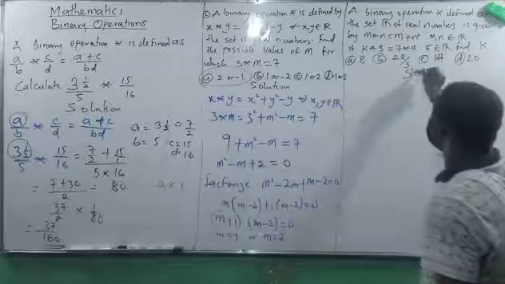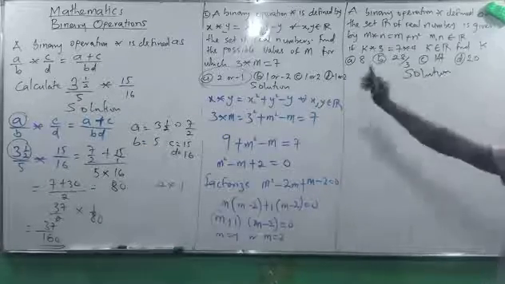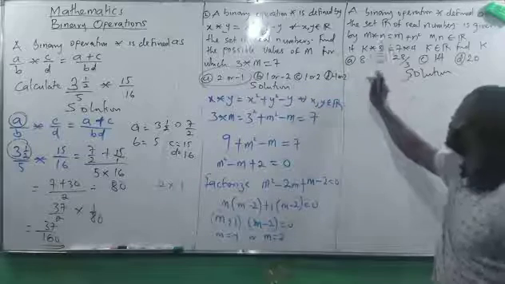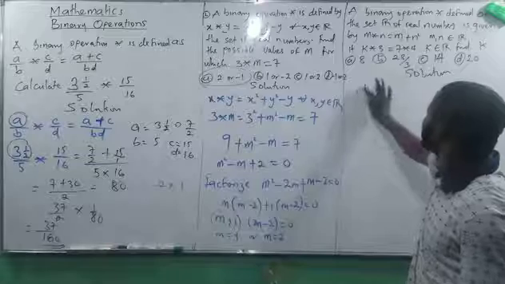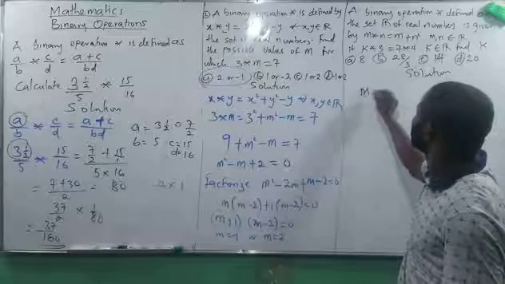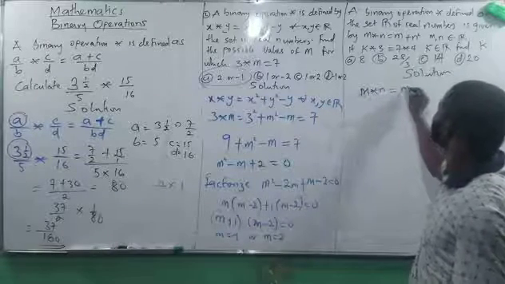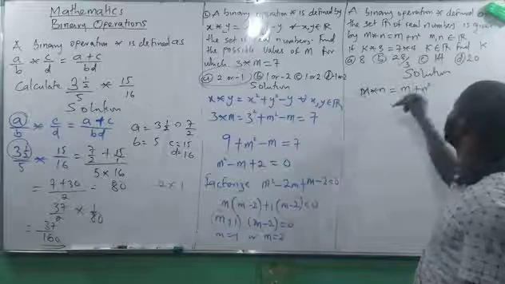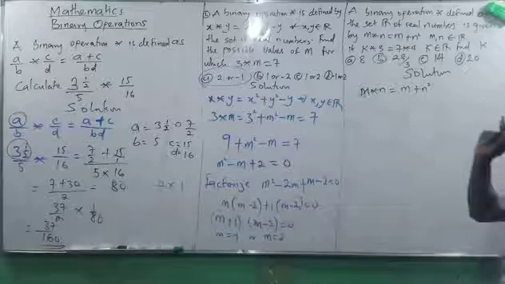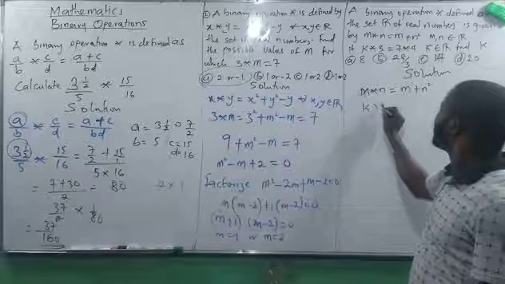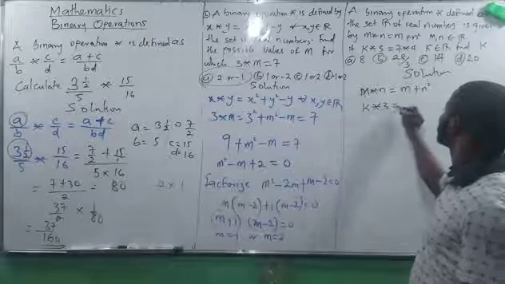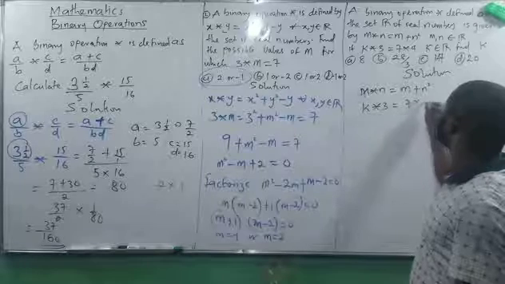I have something like this, solution to this problem. This is very simple. Now, this is the operation K. We have m operate with n equals to m plus n squared. Now, that is the operation. K operate with 3 will be equals to 7 operate with 4.